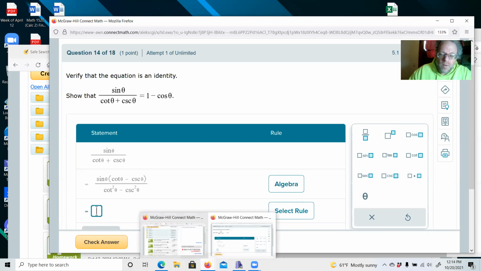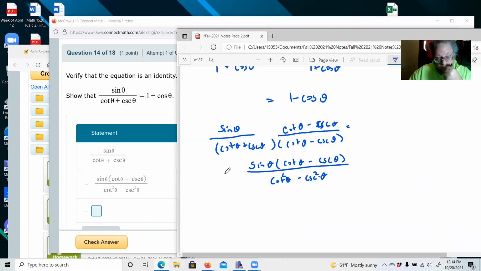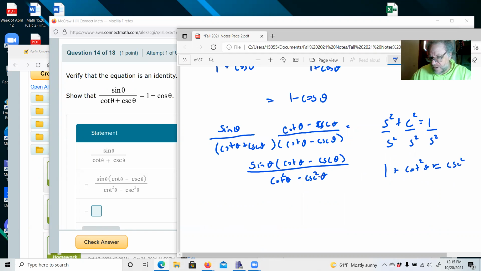Why did I pick that to multiply by? Well, do you remember that sine squared plus cosine squared equals 1? If I divide everybody by sine squared, we end up with 1 plus cotangent squared is equal to cosecant squared.